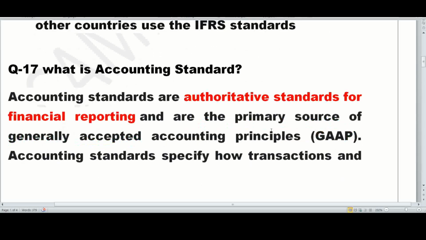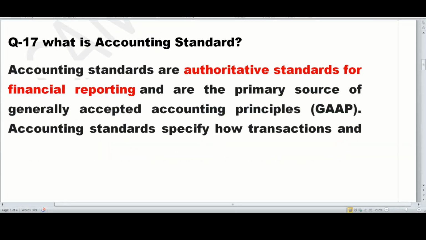Let us come to the next question, which is very important, that is, what is an accounting standard? We always try to know there is an accounting standard, but what is that? The accounting standard is a standard for financial reporting.